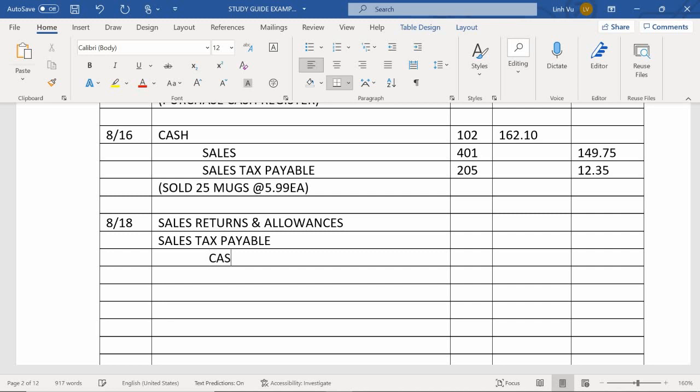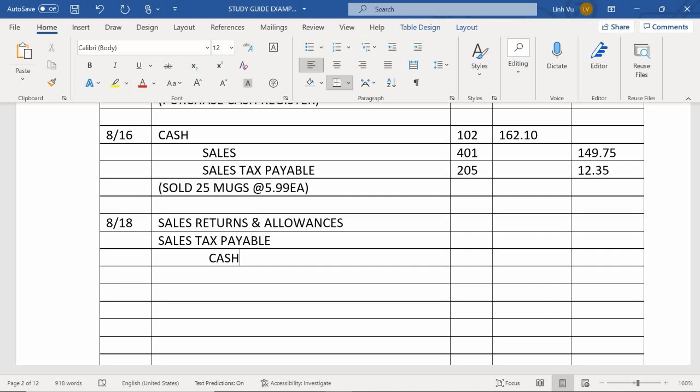Accounts receivable, accounts payable? We have to decrease, because we didn't... Oh, they pay. No, who paid? We didn't pay. Oh, we pay. Well, no, it's cash, because this is a random customer who said they don't want these coffee mugs and want a full refund. It's not a specific customer.